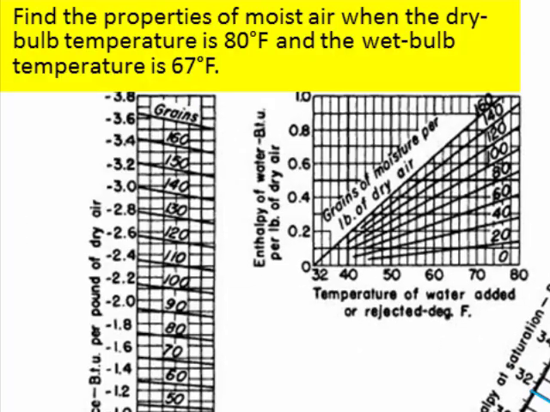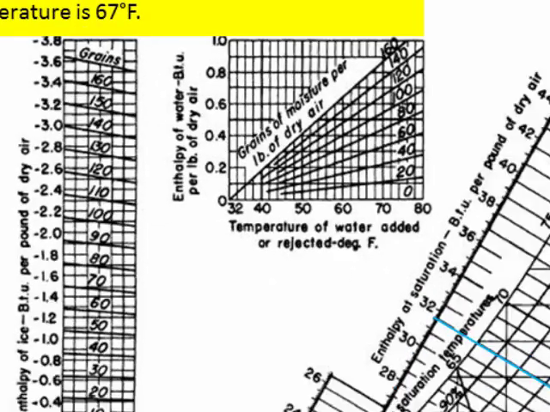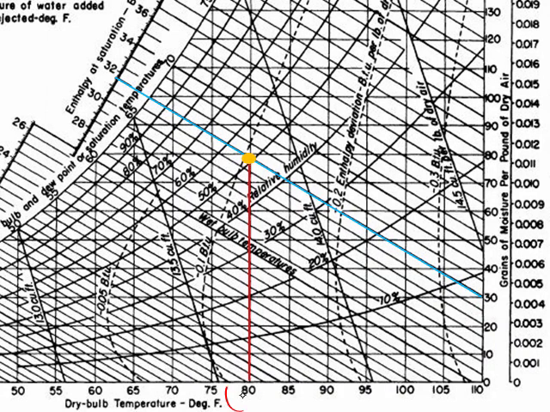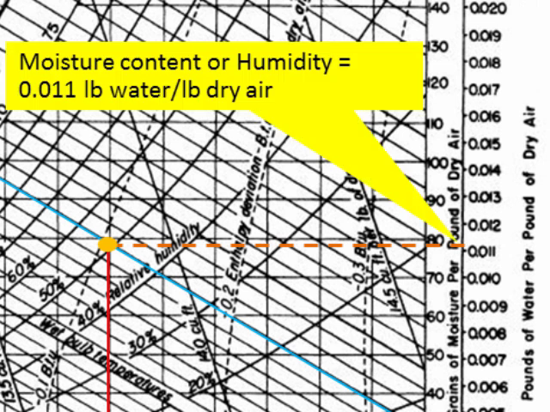Now let's locate a point on the chart with a given pair of data, that is the dry bulb temperature of 80 degrees Fahrenheit and the wet bulb temperature of 67 degrees Fahrenheit, and let's get the point. To find the moisture content, we need to draw a horizontal line as shown and read the moisture content as 0.011 pound of water per pound of dry air, or 78 grains of water per pound of dry air.